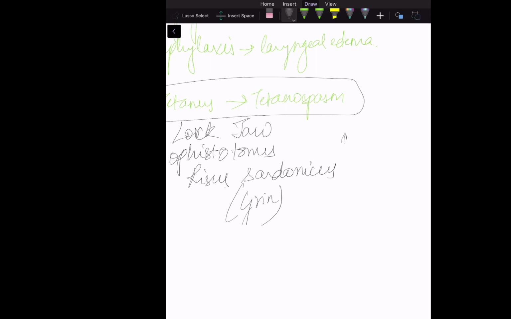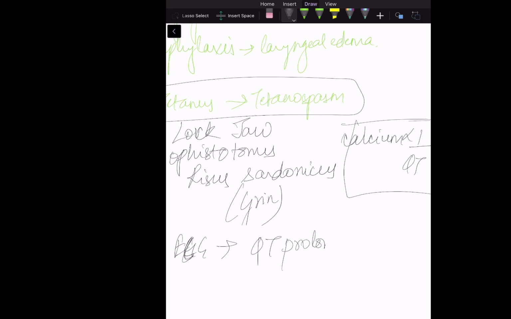So how will we find this? Calcium is inversely proportional to QT. What is QT? We'll see it in the ECG. In the ECG you will see QT prolongation increased.